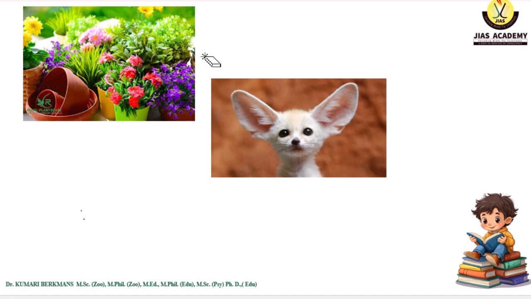See, this chapter is the fourth chapter, and what you see here is the plants. Let me take the pointer. What you see here is the plants, and here is the animal. You know how these plants develop and how this animal develops, isn't it? It is from a single cell. Single cell divides into many cells together.